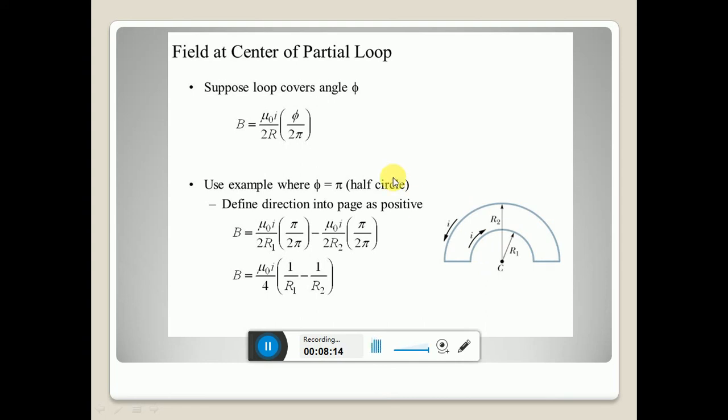If you forget, then there is another way to determine the magnitude of magnetic field at C. We know very well, if it is a circular current carrying coil, the magnitude of magnetic field at the center will be mu naught I by 2a, which we derived previously. Let me show that equation first.